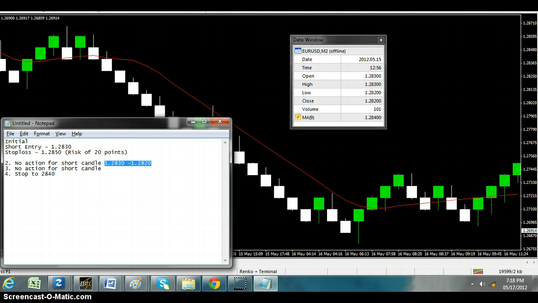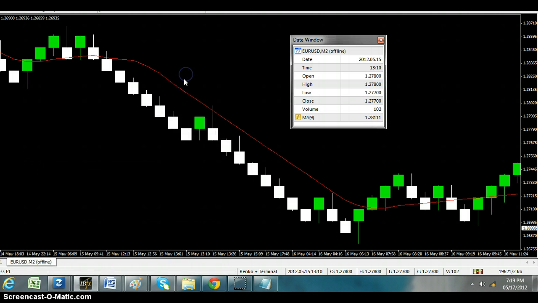We did no action here. Then it went from 2820 to 2810. We did no action. And then finally when it went from 2810 to 2800, we took action because the moving average was qualifying our short.